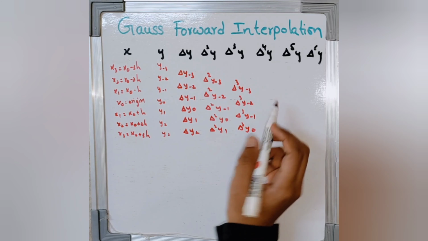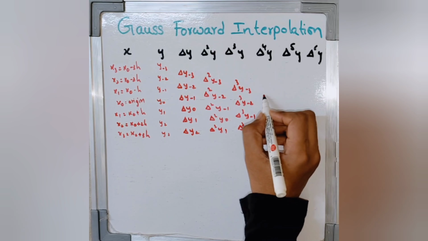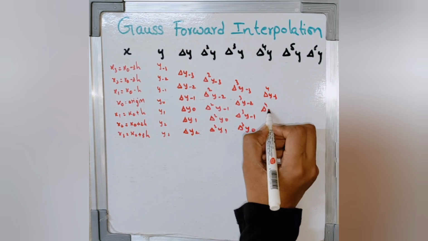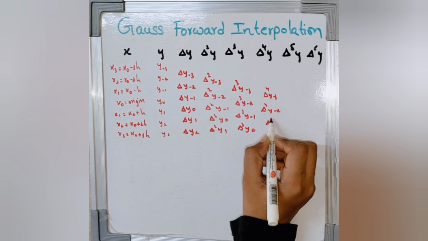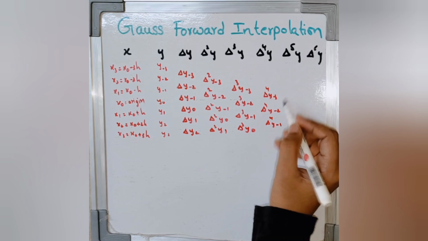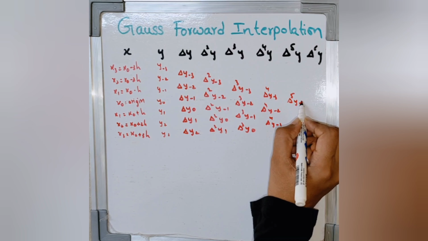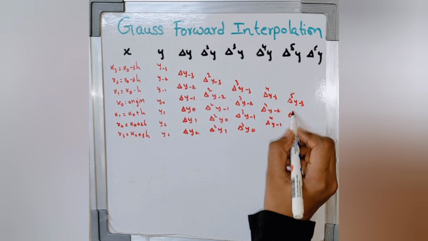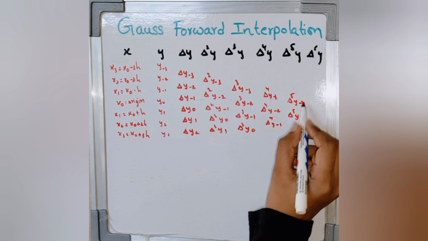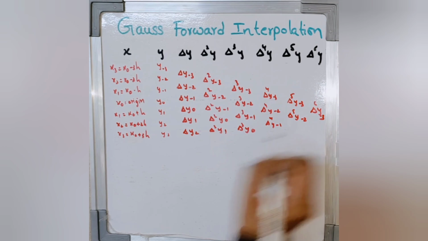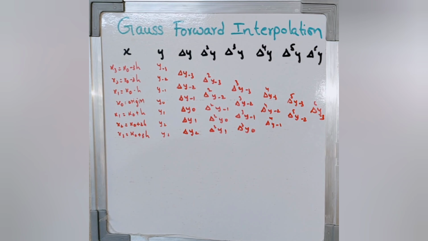Okay. Again subtract here: del power 4 y minus 3, del power 4 y minus 2 and del power 4 y minus 1. Again same, del power 5 y minus 3, del power 5 y minus 2 and again del power 6 y minus 3. Okay, we have prepared the table now.